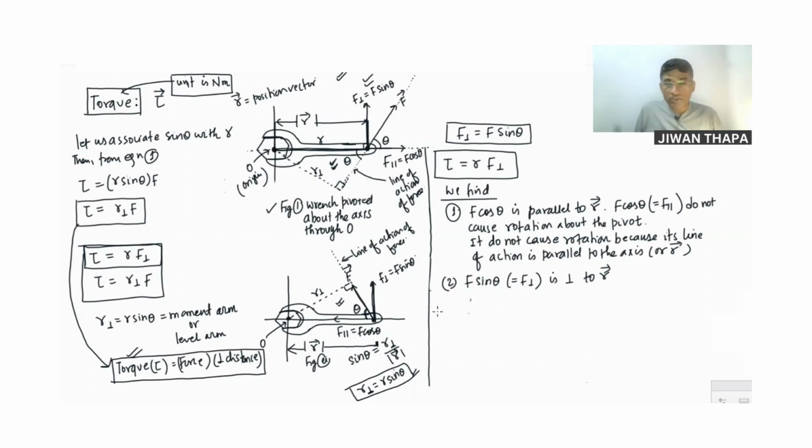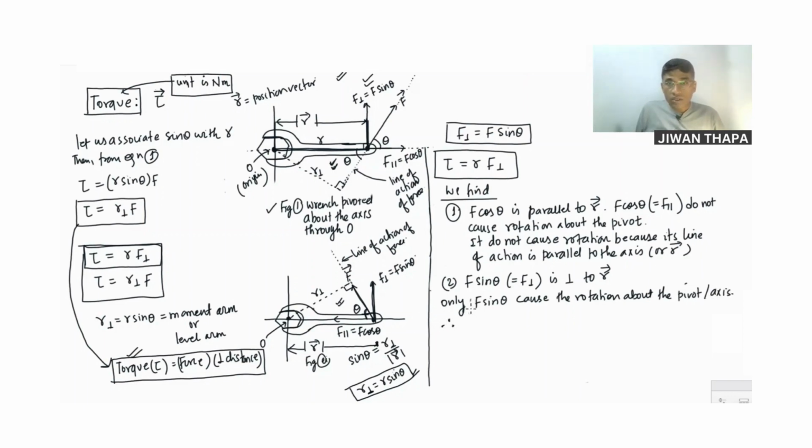So we can draw the conclusion that only F sine theta causes the rotation about the pivot or axis.